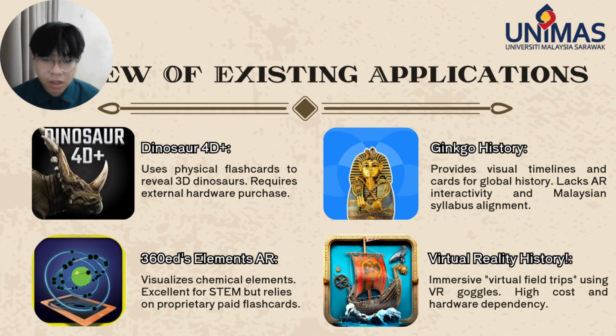This aligns with my proposed project that uses a physical book to scan the target images, so I might use a similar layout from this app but with a twist of AR, which is why this is the application that I chose to inspire my proposed project.